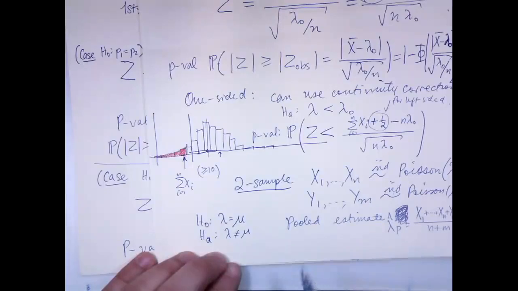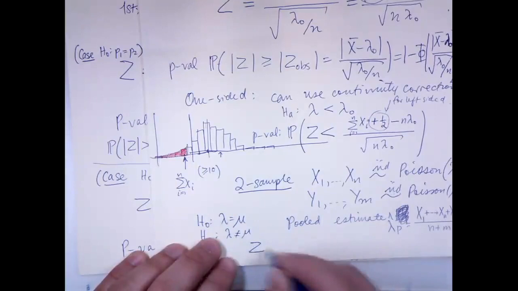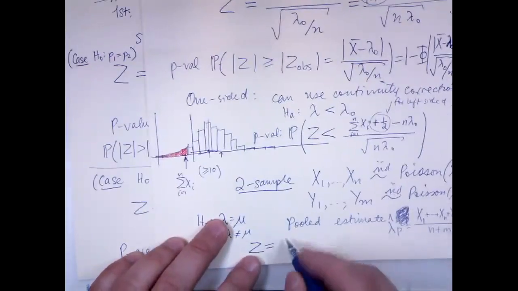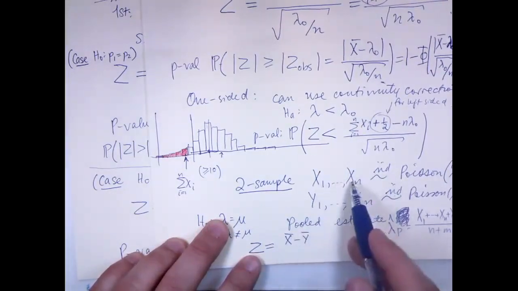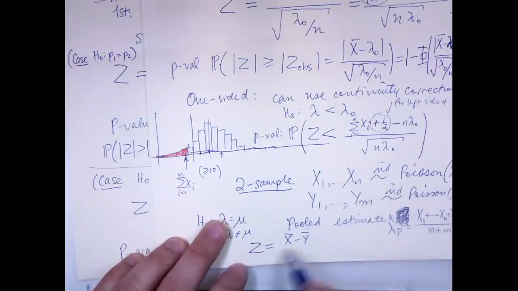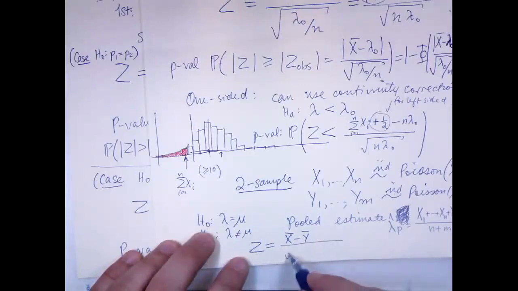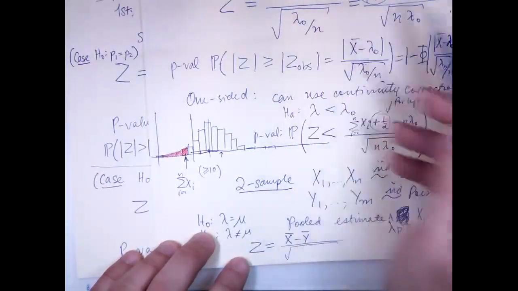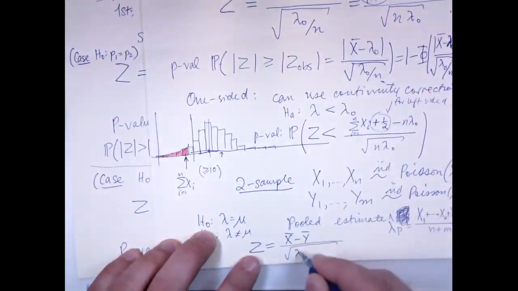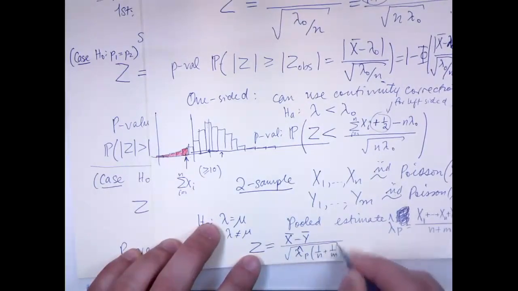And then you would be expecting nothing other than a z statistic, which would be x bar minus y bar, because x bar has expectation lambda, y bar has expectation mu, and then I subtract 0, of course, because under the null hypothesis they're the same. Then I divide by the square root of the variance. Now it would be lambda over n for x bar, lambda over m for y bar, so I have a commonality of lambda hat. I'll use the pooled estimate, times 1 over n plus 1 over m. Okay? And then you do the rest as before.